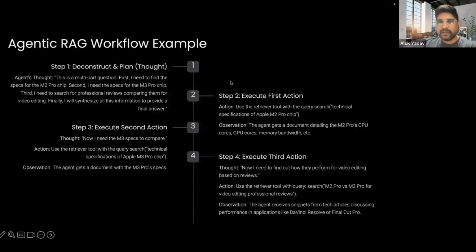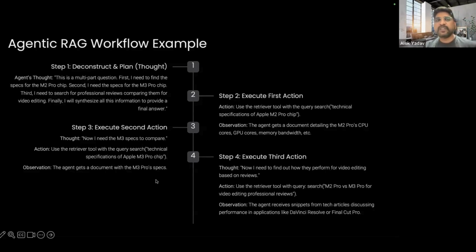Agentic RAG will use ReAct, or maybe chain of thought, or maybe ToT, whatever you have. When you are creating this agent, you have to define how you are going to use that. So you have to define the workflow, whether you want to use ReAct or chain of thought. That is up to you when you're designing this entire workflow.